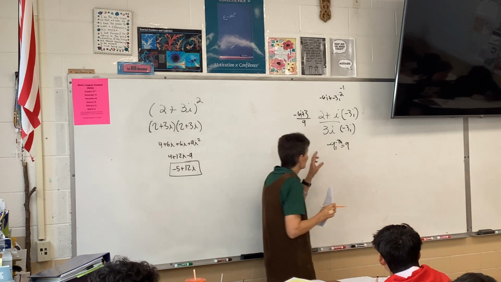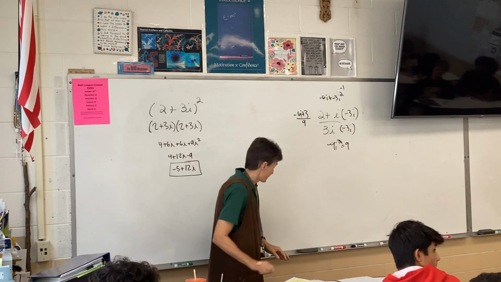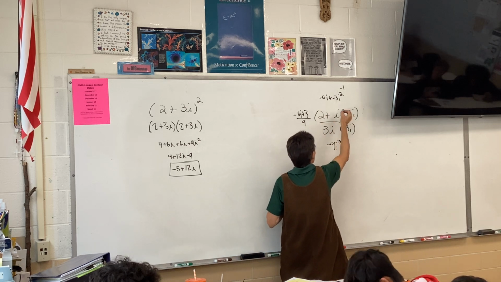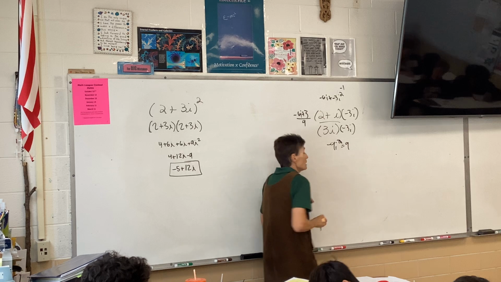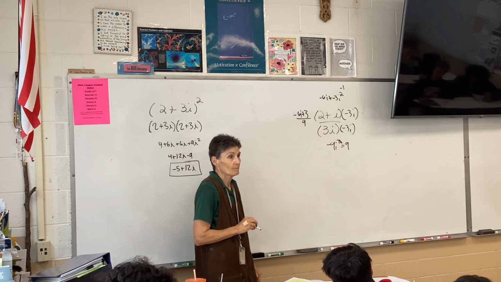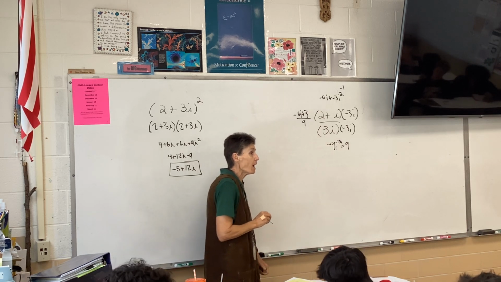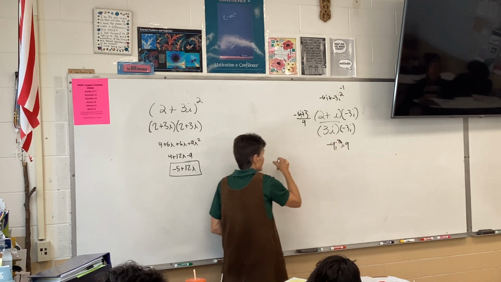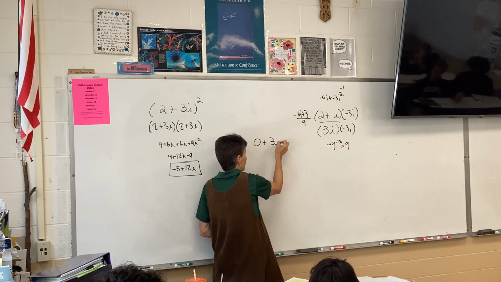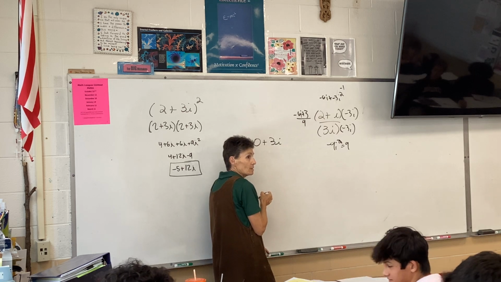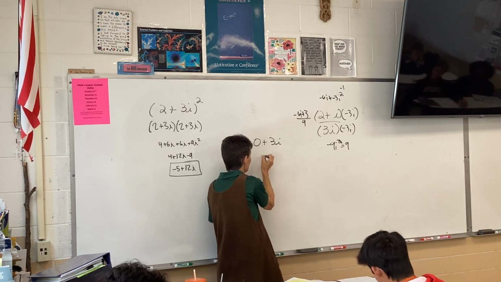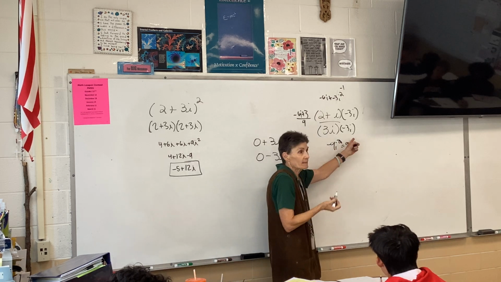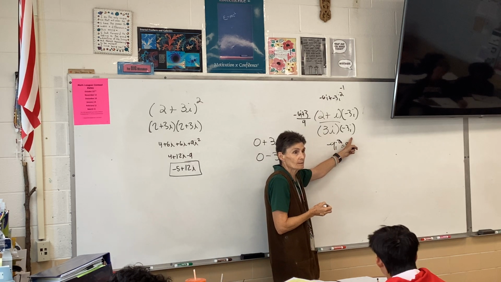Now, Jake decided he was going to multiply top and bottom by negative 3i. His logic, I think, was that the original denominator is 0 plus 3i, so the conjugate would be 0 minus 3i, which is the same as negative 3i.